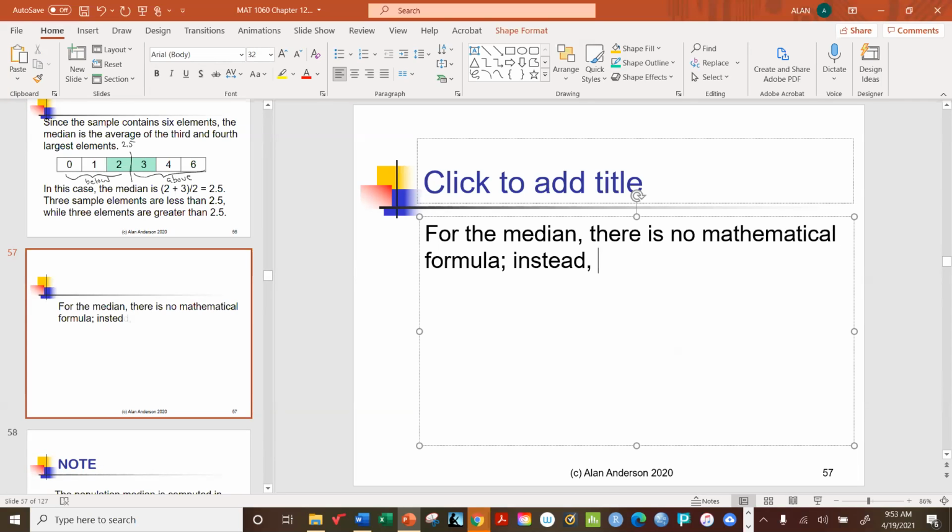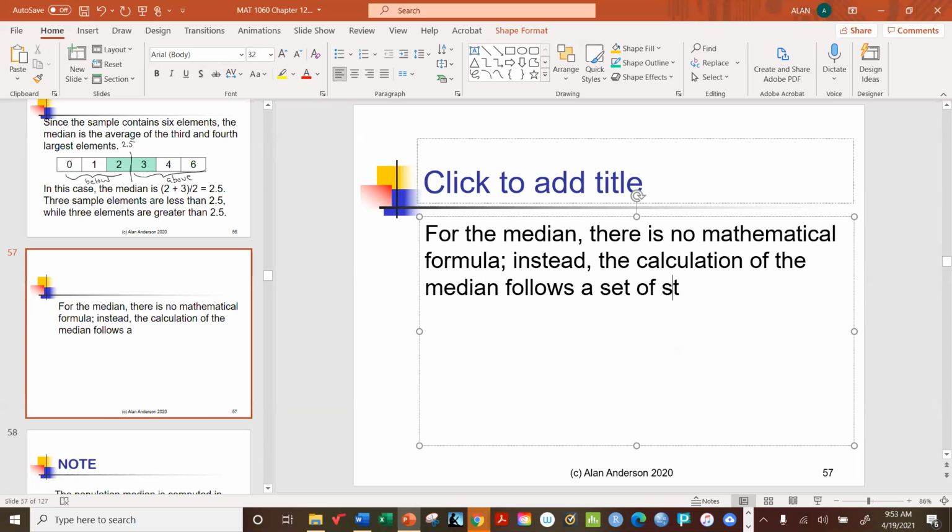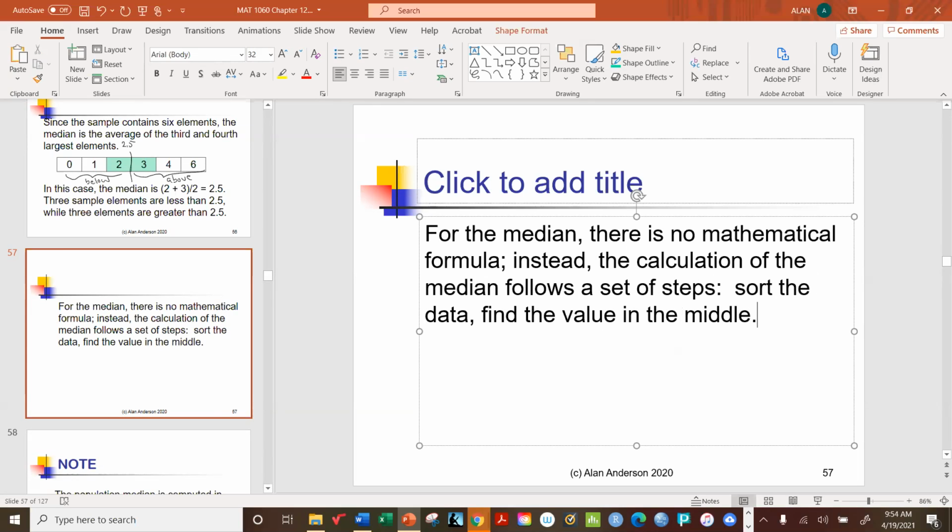Instead, the calculation of the median follows a set of steps, which means sort the data, find the value in the middle. Basically, that's it. You can't really express this as a formula. And one more thing too.